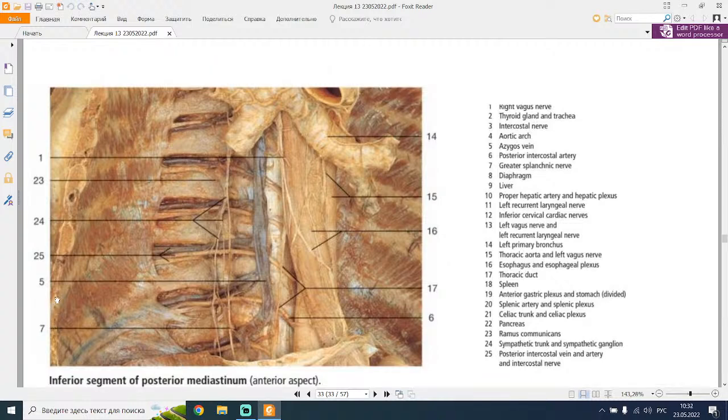Now do you see the picture? Ribs, the intercostal space. What do you see? Triad.